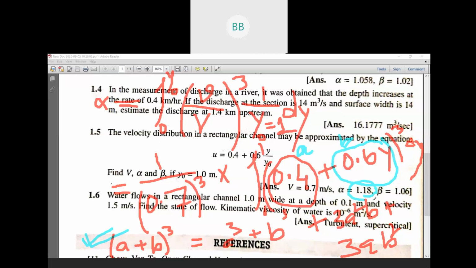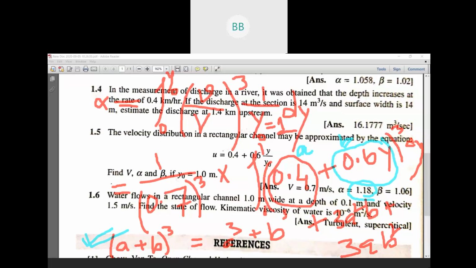Try to solve, because it's a little bit difficult to solve here on the screen. So do it on your own, and if you find any problem then let me know, we are going to discuss. Take a pen and paper and try to solve and find out the alpha value. Are you getting 1.18 or not?